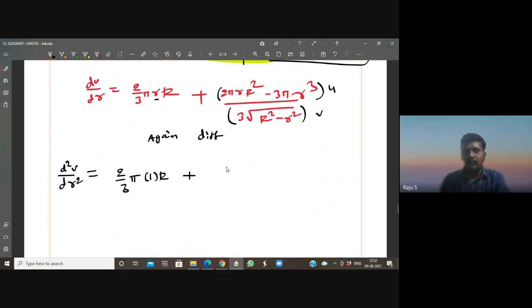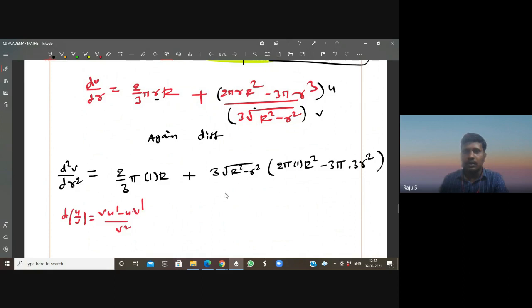Fine. So now, what is the derivative of u by v rule? d of u by v is equal to v u dash minus u v dash by v square. With the help of this, first v u dash: 3 into root over capital R square minus small r square. This is v. U dash means numerator derivative: 2 pi small r value is 1 into capital R square minus 3 pi into r cube derivative is 3r square.